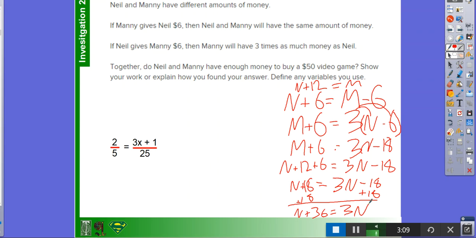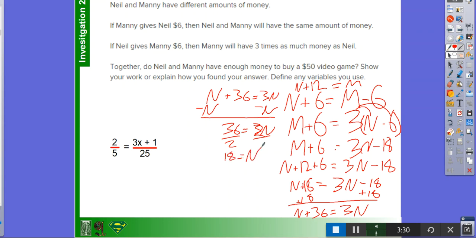So we can subtract n from both sides. So we get 36 equals 2n, my bad. And then you can divide by 2, so we get 18 equals n.